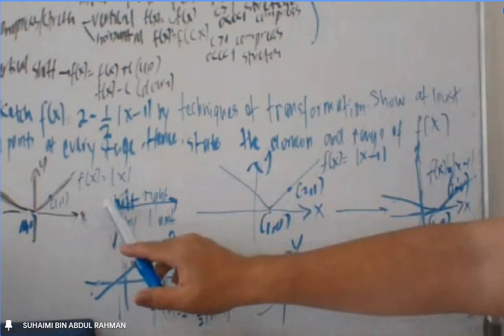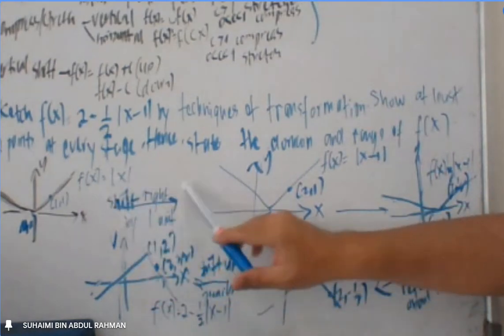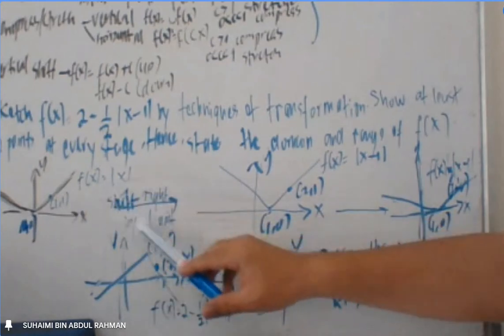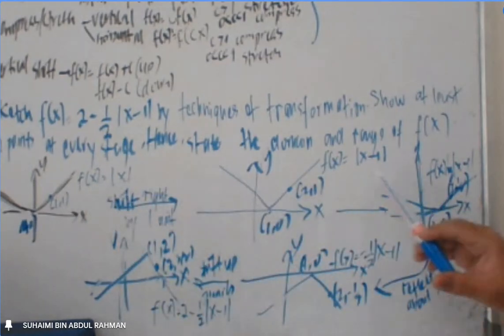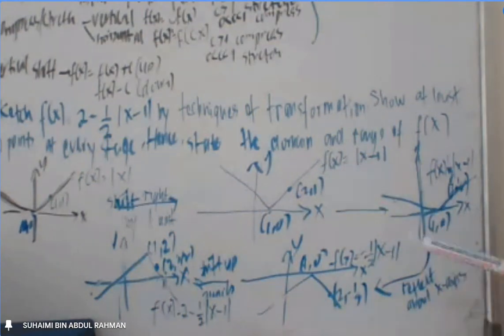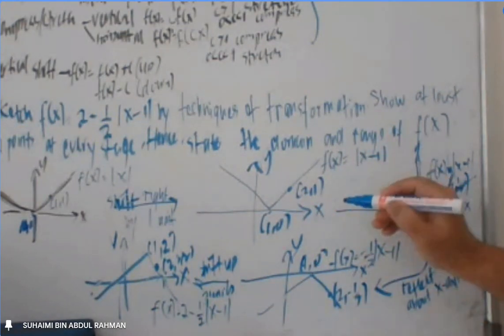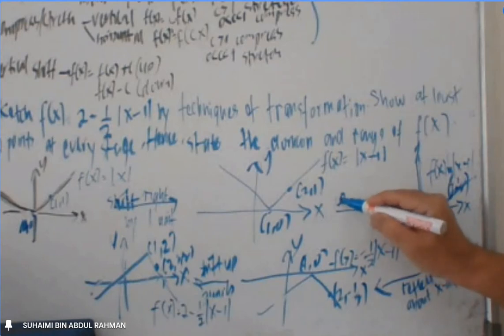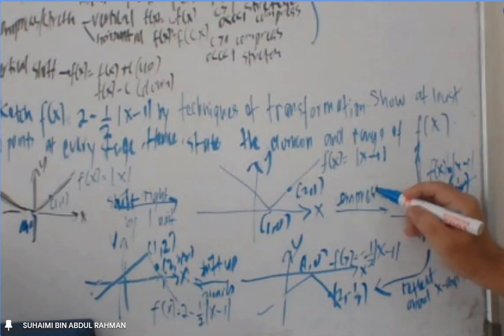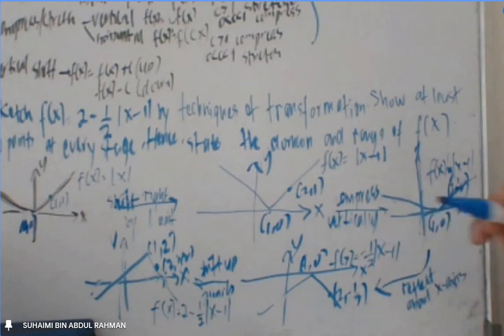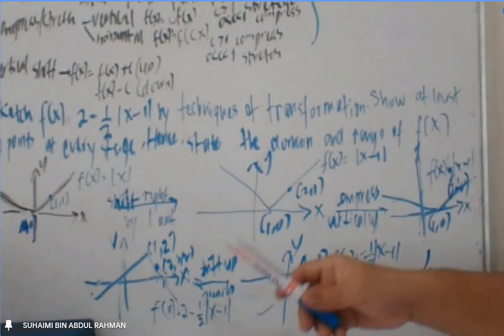And the third is the kind of transformation involved, from one step to the next. You can see that it's compressed vertically, then reflected, then shifted.